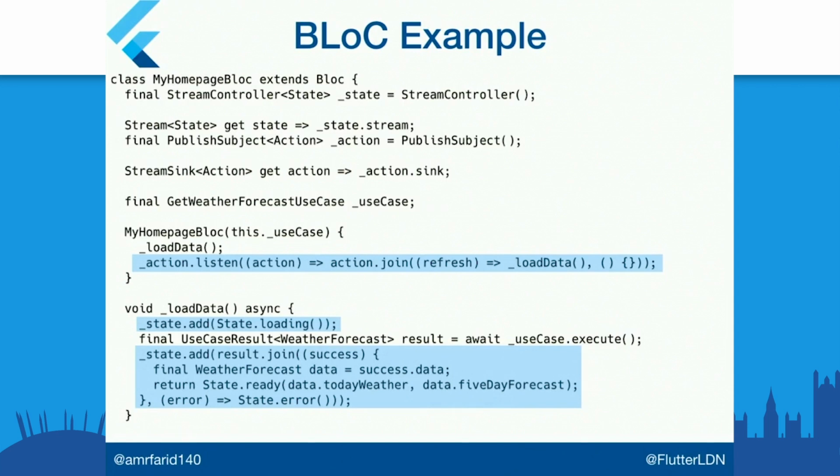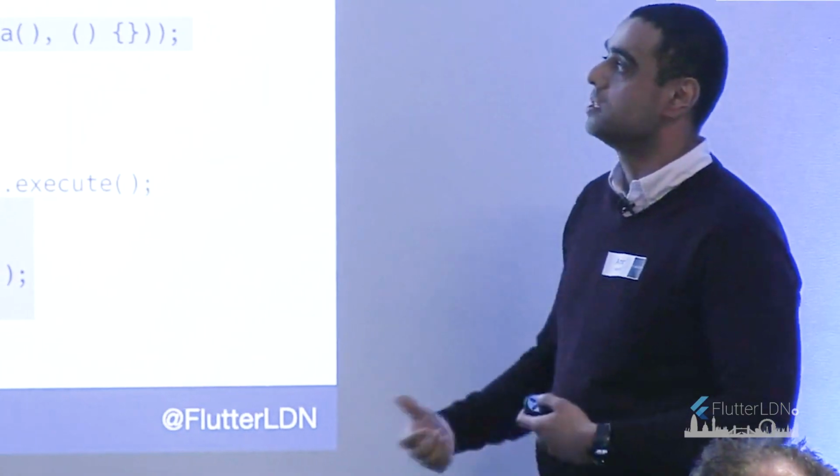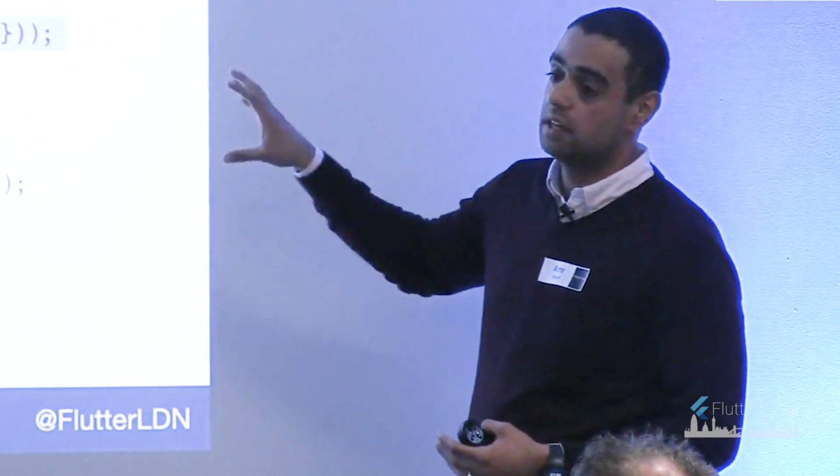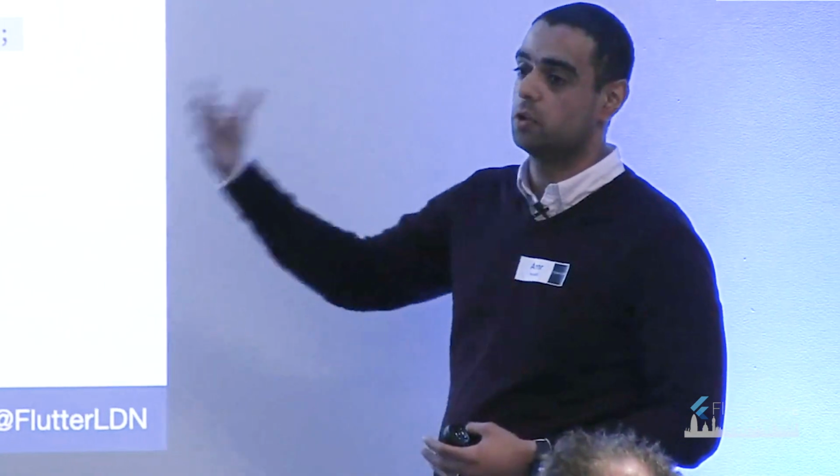And then after all that is evaluated, we just add and push a new state through the stream. So it's pretty much predictable. You can see where your inputs are, where your outputs are, and then handling the actions becomes an implementation detail of the BLoC itself, it is not exposed to other parts of your application.